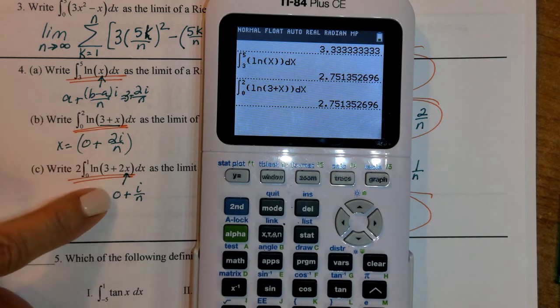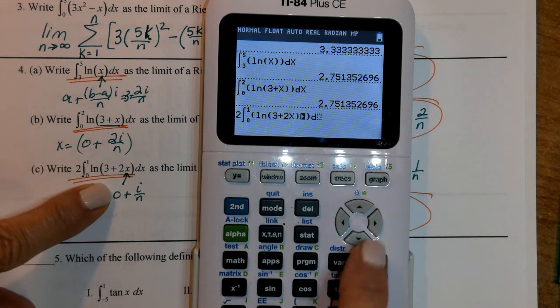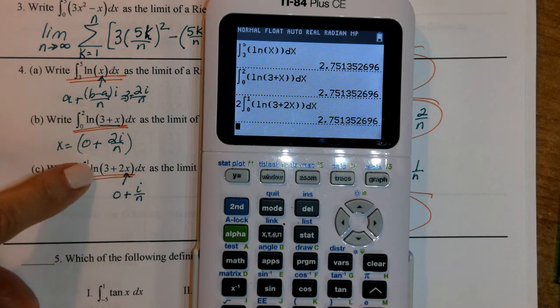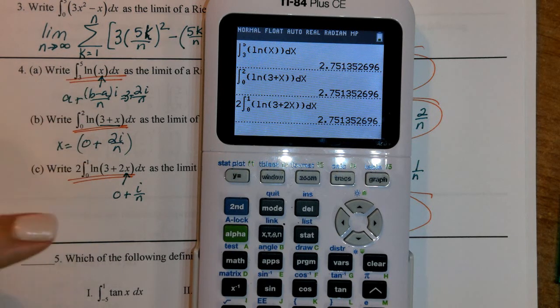Same value. 2 times the integral from 0 to 1 of natural log 3 plus 2x. Same value. So these look like three very different integrals, but as it turns out, they give the same value. They have the same value.